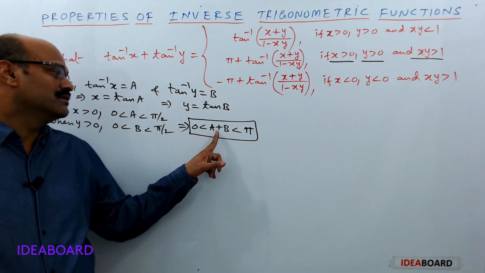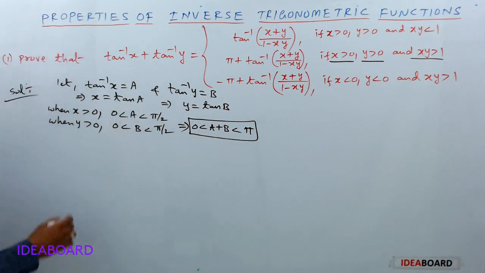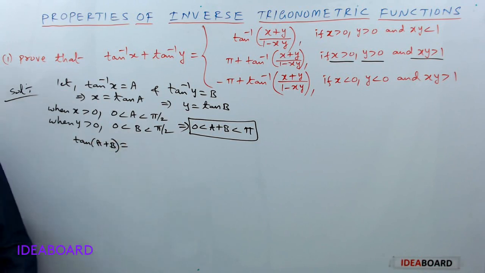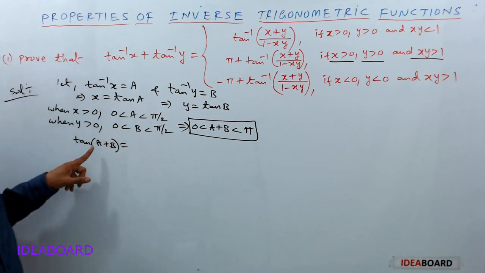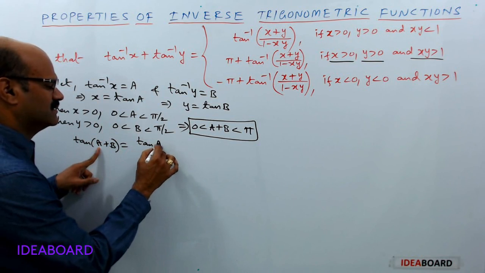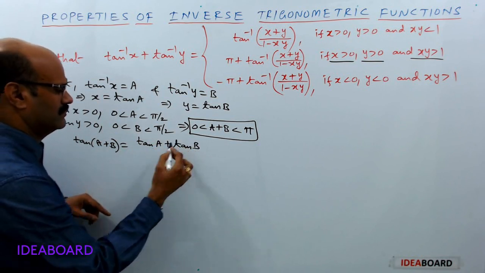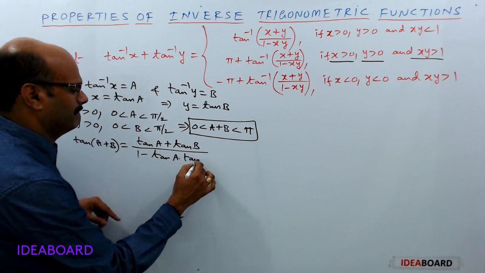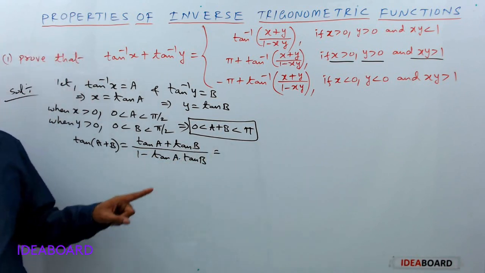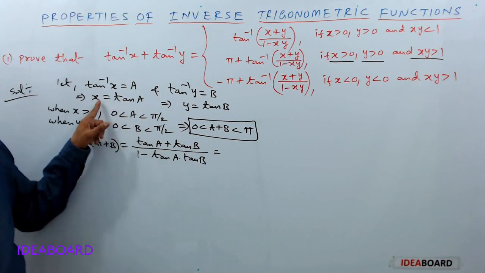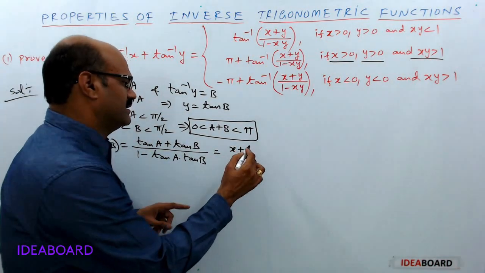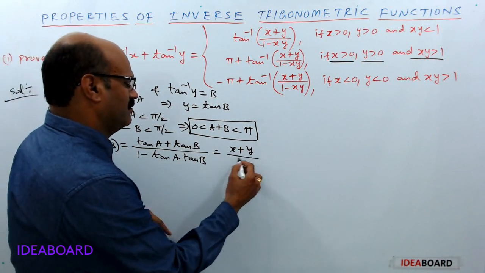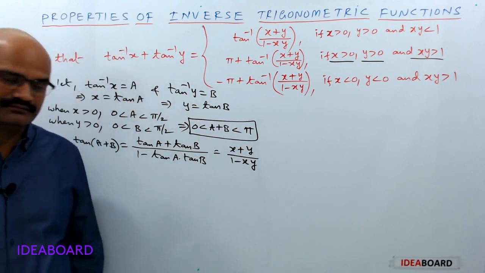Now tan of a plus b, we know the formula: tan A plus tan B by 1 minus tan A into tan B, equal to, with tan A equal to x and tan B equal to y, x plus y by 1 minus xy.